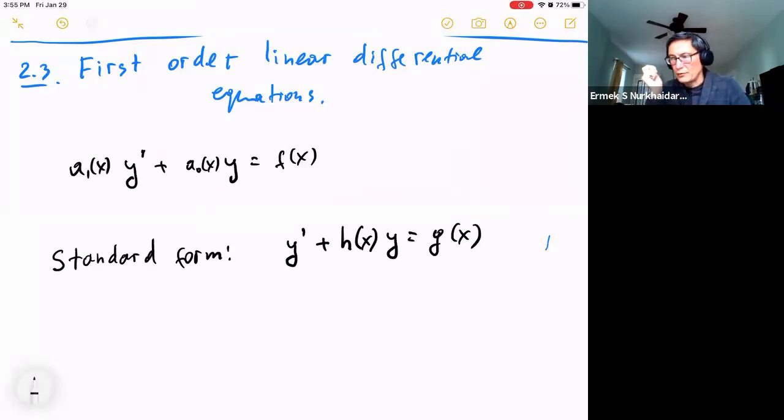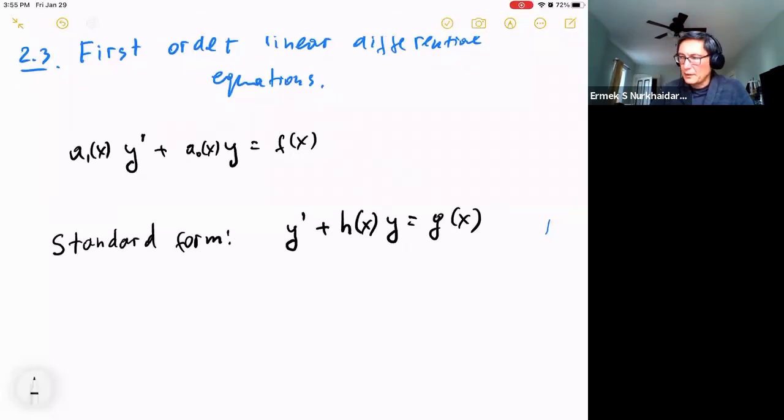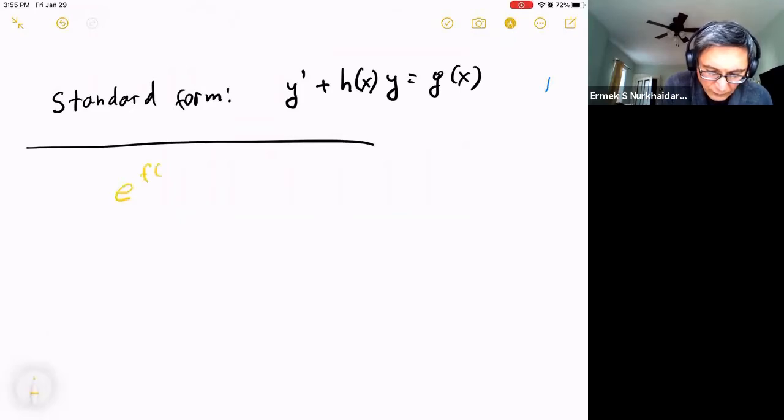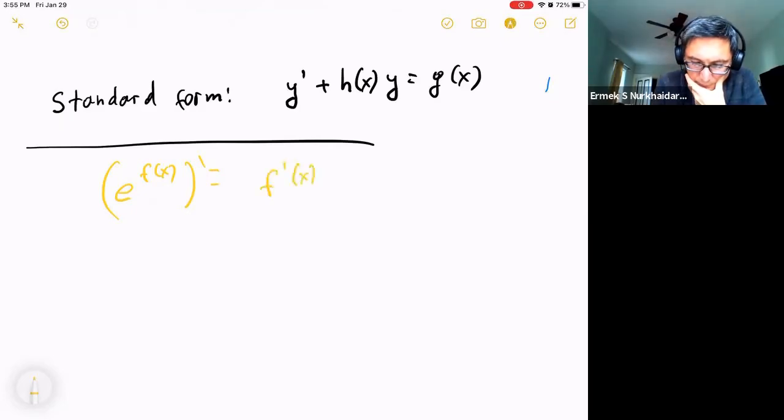Okay, so before I do that, let's notice the following. If I have e raised to a function f of x, and I want to take its derivative, that is going to be the chain rule. I take the derivative of the inside function and multiply it by the derivative of the outside. The outside function is the exponential function, e to the u, and its derivative is e to the u.